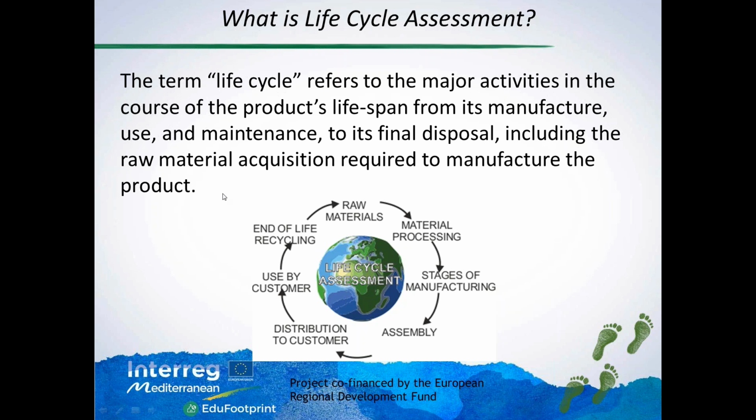So you can see in the picture that it is a cycle which starts from raw materials, then goes through material processing, staging of manufacturing, then there is the assembly phase, the distribution to customer, the use by customers, and at the end of its life, which could be recycling or disposal or reuse of it.